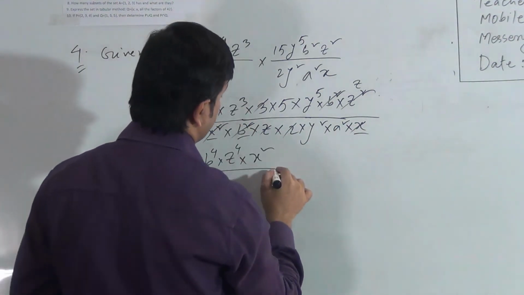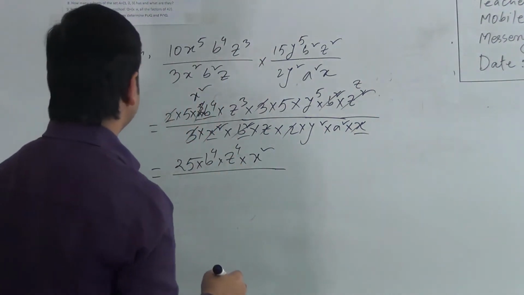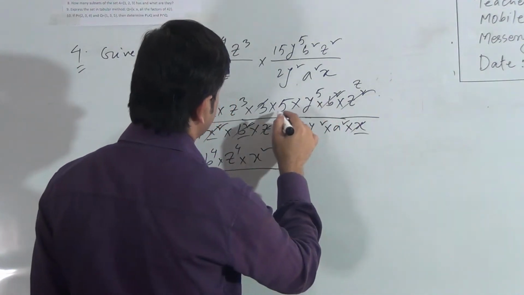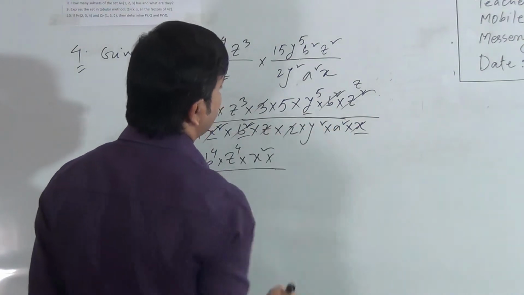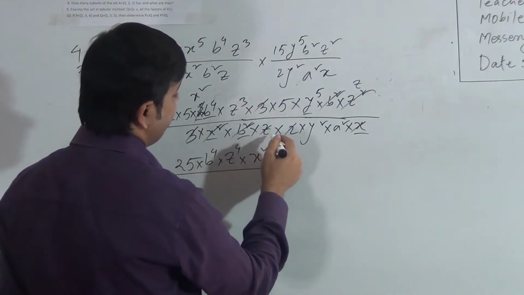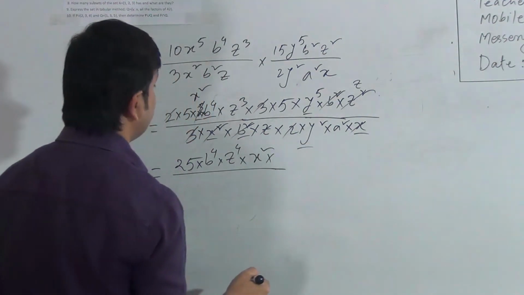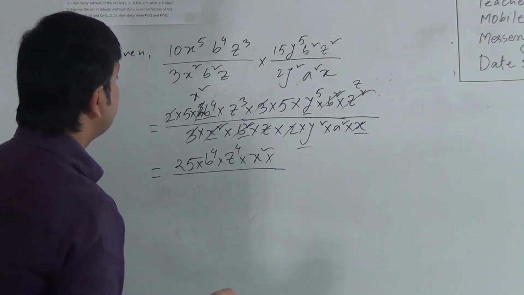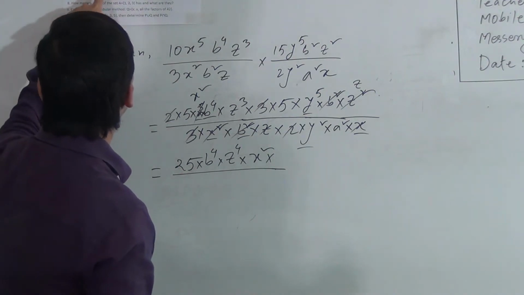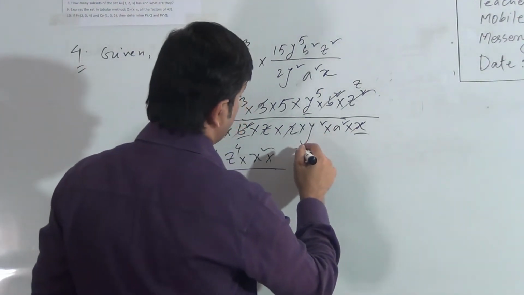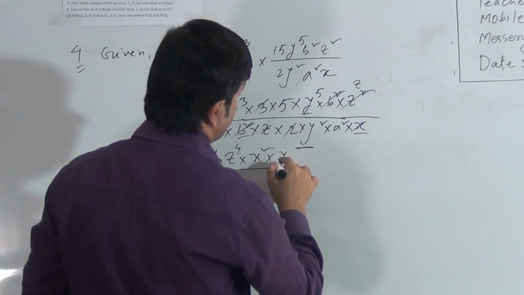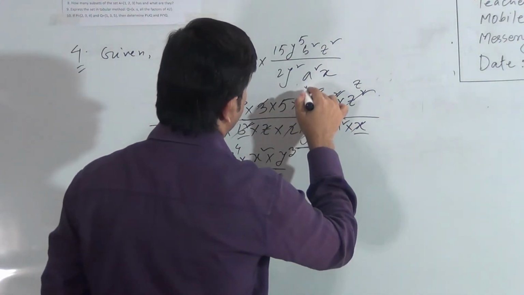Now in the case of y, I have taken 5, we have to consider y now. If we consider y, we will get y to the power 5, and here is y square, here is y square. Is there any a in the numerator? No a here. So if we calculate, we will get y cube.